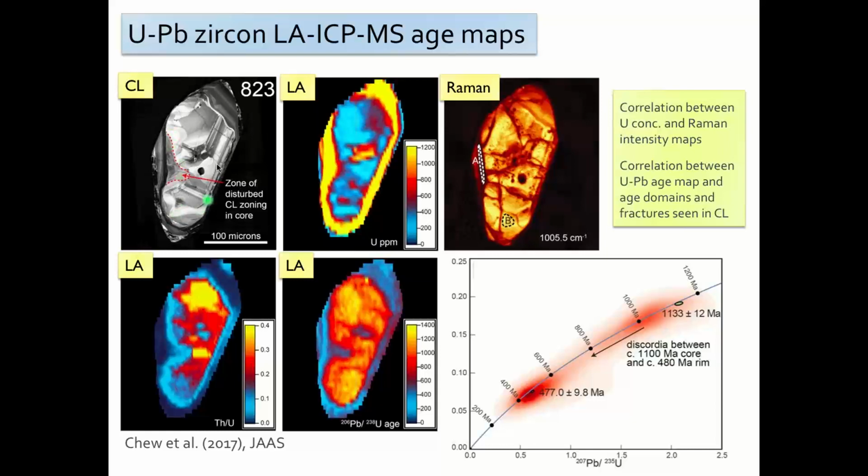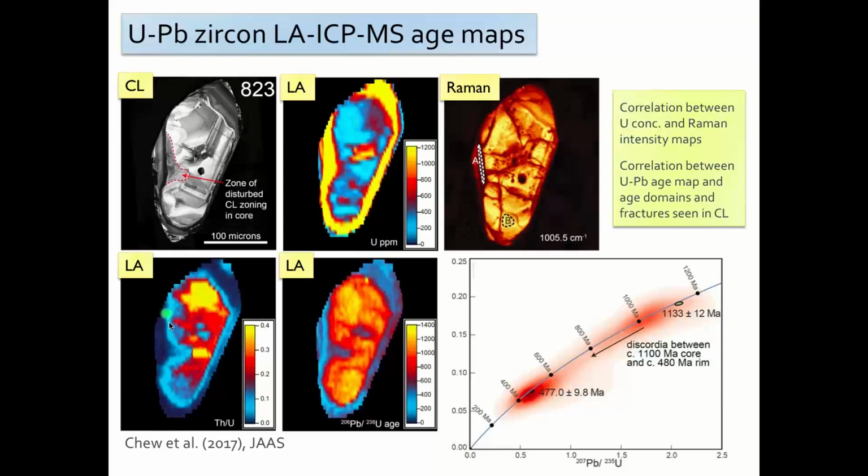And then a more CL bright oscillatory zone core, which is lower in uranium. On a Raman map, looking at a certain waveband, we can see that these zones here, if we looked at the Raman spectra, would be very metamict because they're so high in uranium, whereas we've got pristine, less damaged zircon in the core because it's got lower uranium contents.